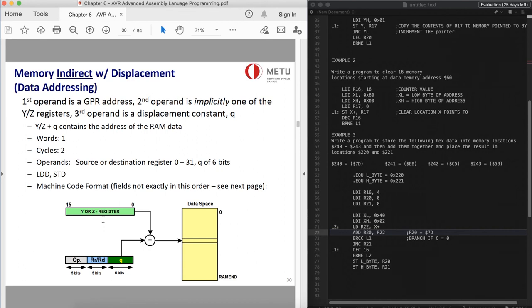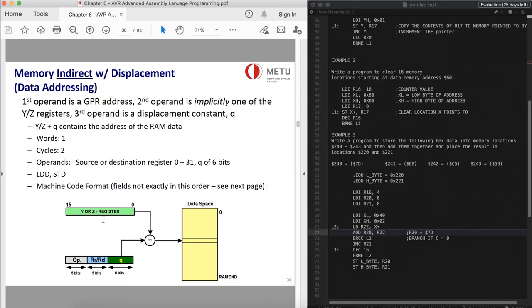So the next one is the memory indirect with displacement. This is similar to the indirect addressing. Suppose that you want to read a byte that is a few bytes higher than where the Z register points to. To do that, we can increment the Z register so that it points to the desired location and then it reads it.